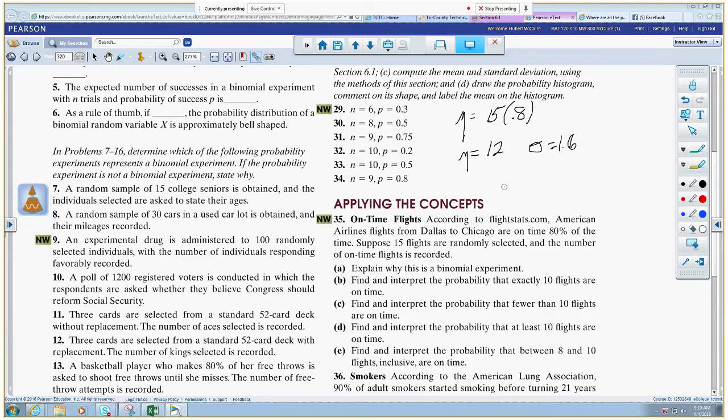So now, 12, we'll consider that to be 2. So that would be 14 and 16 and 10 and 8.